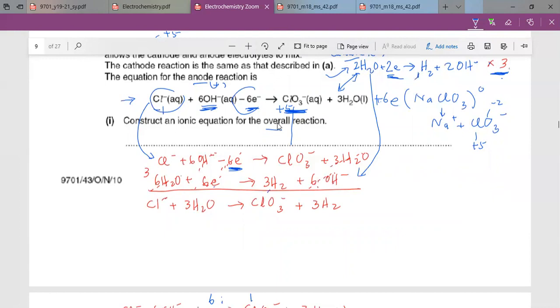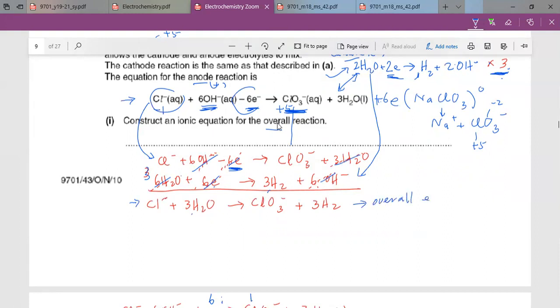And 3 times 2 will give you 6. So you cancel the 6 electrons, and with 6 water, you cancel 3, get 3 left. So come down here: Cl- plus 3 water gives you this one here. Now this is called the overall equation.